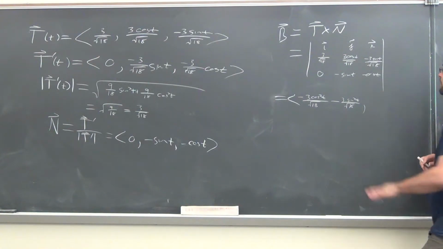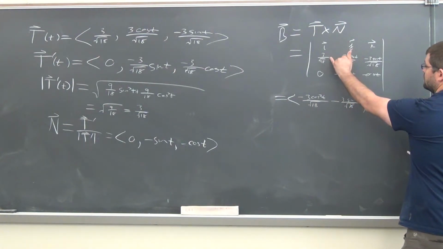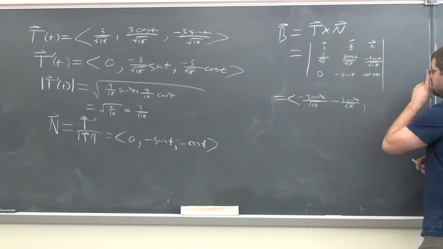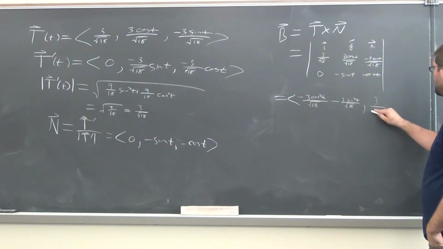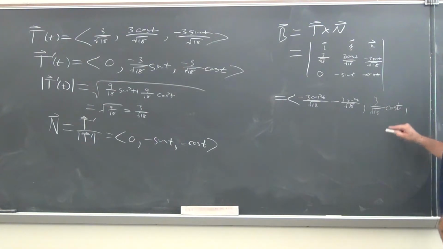How about the middle one then? 3 cosine t over square root of 18. Very good. So it's 3 over root 18 times negative cosine, but then we negate it, right? So we should get that. And then finally, 3 over root 18 sine, right?